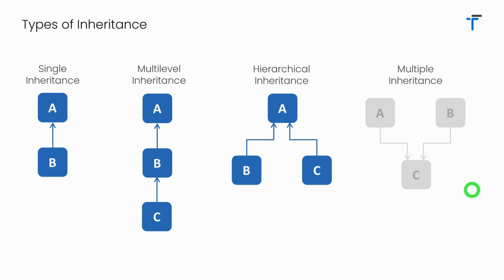By using multilevel inheritance, it's possible for C to have B and A as superclasses. But directly, it's not possible to have multiple superclasses for a given class. What is the reason for not supporting multiple inheritance? I will talk about this in the next video.